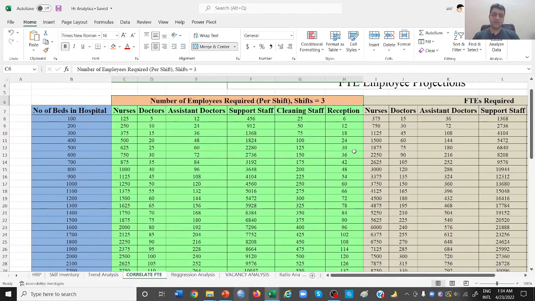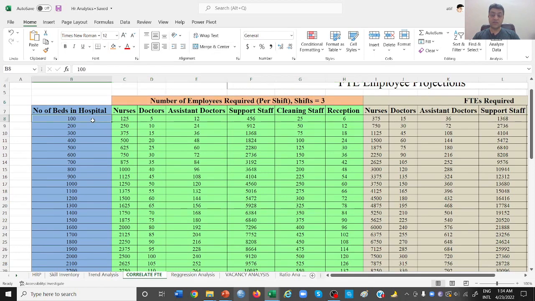So whenever you have to count the number of employees that you need in any organization, you also have to look at the shifts or the number of hours which are required by the employees to work. So let's say if you need 125 nurses for one shift, let's multiply this with the number of shifts, which is 3. So you will be needing 375 nurses in total per day to run the operations of the hospital.